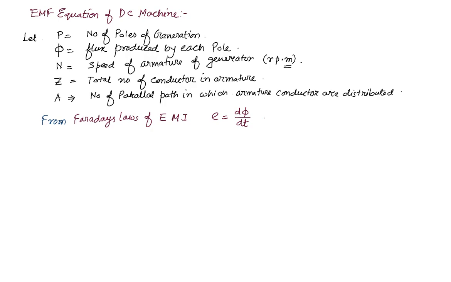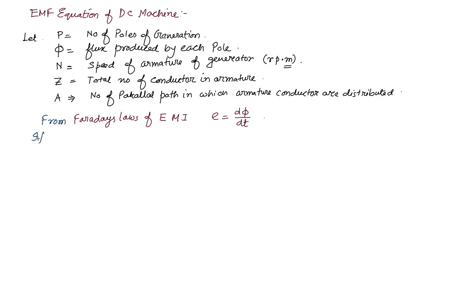If there are P number of poles, as I've already told you, then during one revolution each armature conductor cuts magnetic flux P times, because the number of poles is P.